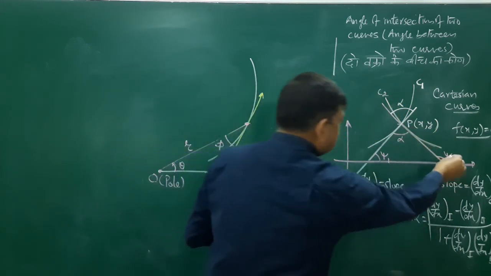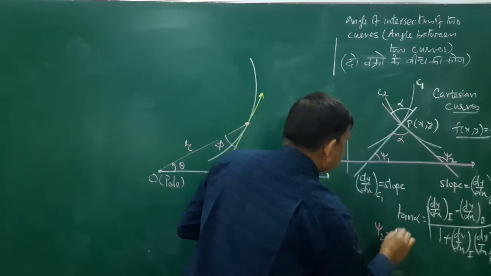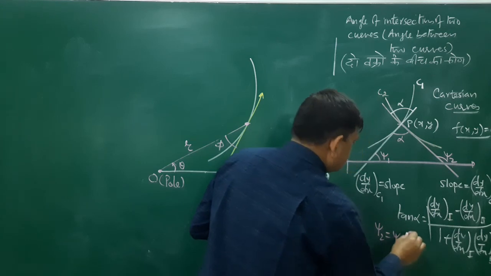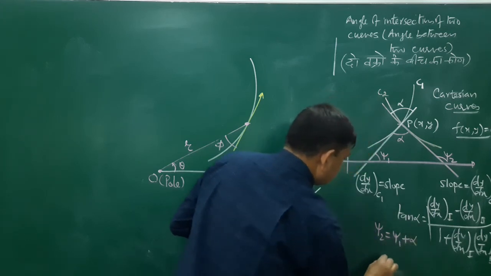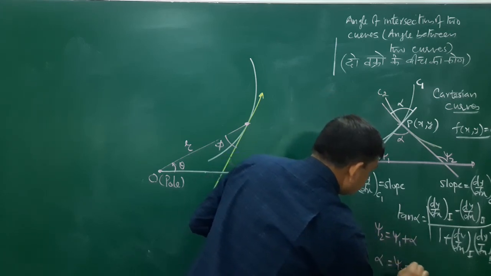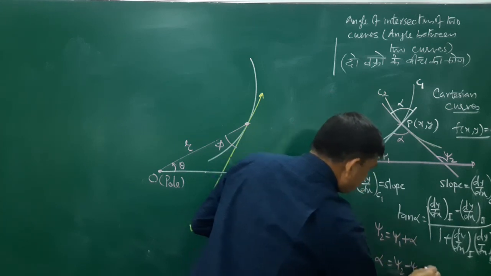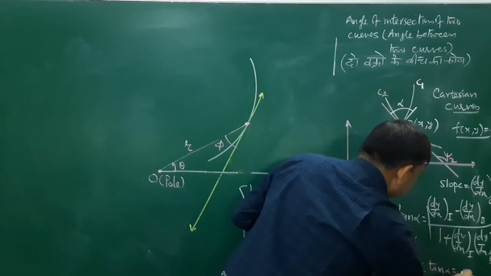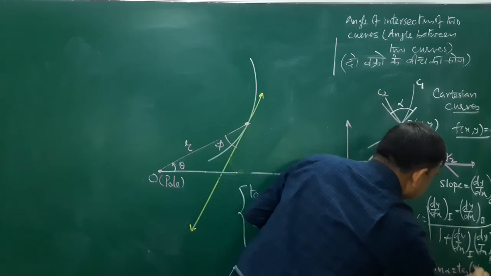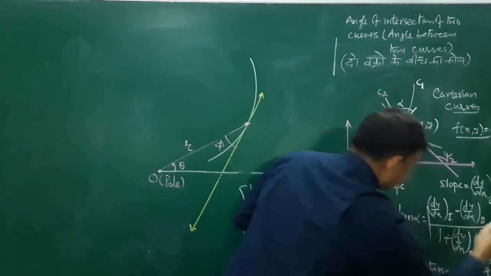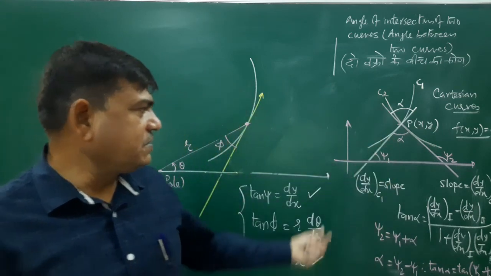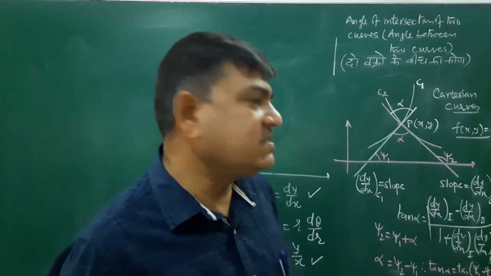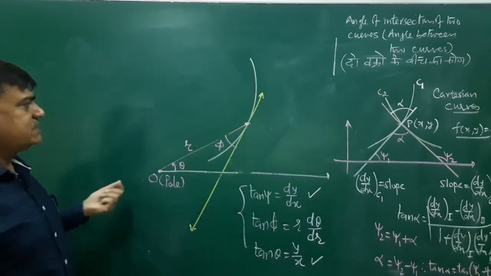So psi 2 equals to psi 1 plus alpha. So alpha is psi 2 minus psi 1. So you can apply, therefore, tan alpha. You can find it is tan of psi 2 minus psi 1, take the modulus and you can derive this formula. So you can use this formula, slope m1 and m2, so it is m1 minus m2 upon 1 plus m1 m2. So it is this type of situation.